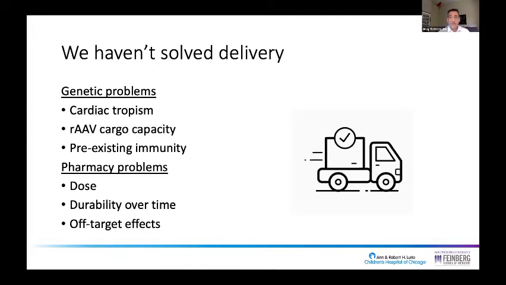And then even when you get done with the genetic problems, there are just pharmacy problems, problems that we've solved in other drugs that are complicated by the fact that it's genetic delivery. What is the right dose of a gene therapy? How do we make it durable over time? What about off-target effects, effects where that gene therapy doesn't affect heart cells, but affects everything else?